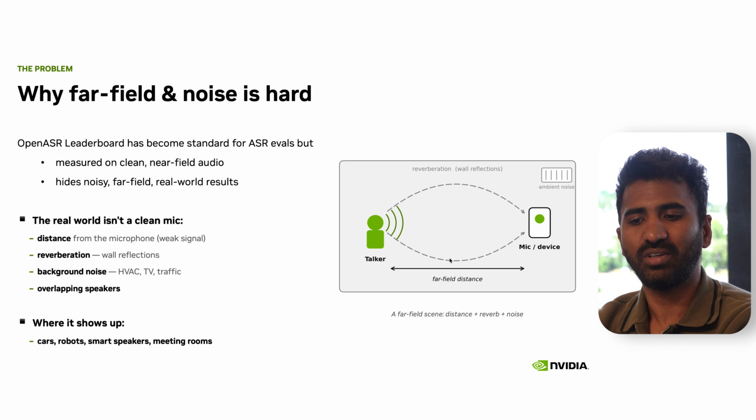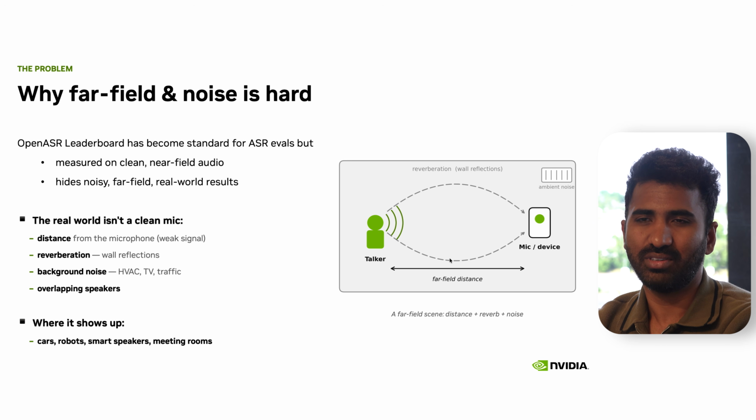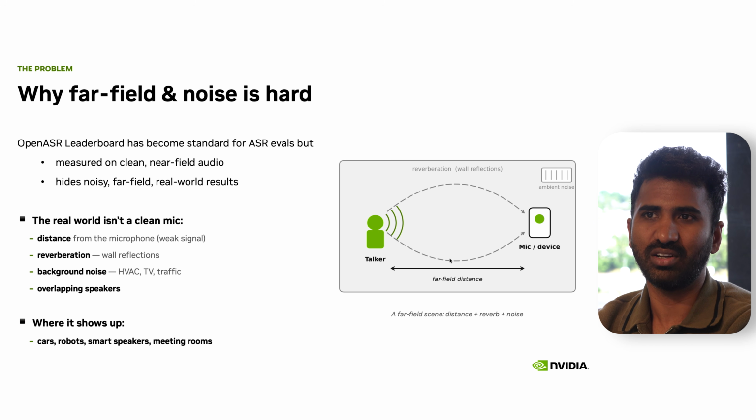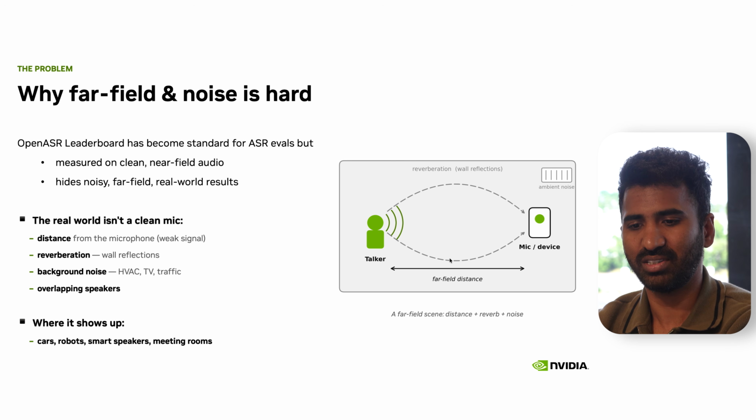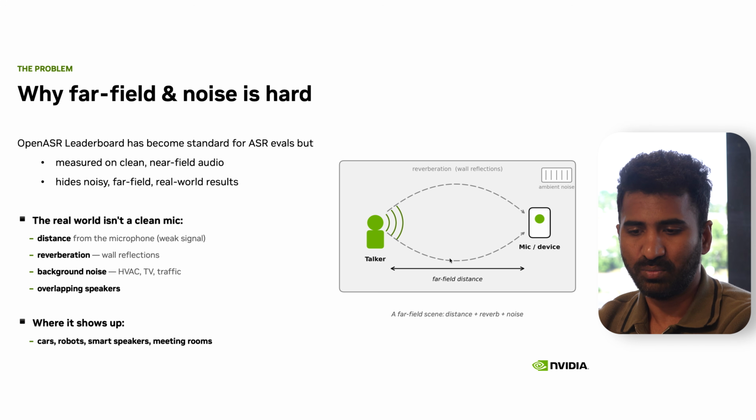We do have the OpenASR Leaderboard, which has become the standard for ASR evals, but it has a few eval sets, like earnings and AMI, which cover real-world use cases, but it's not close in terms of how we measure noisy, far field, and real-world results. So it's really essential that we have a leaderboard which can measure and benchmark different models, especially for distance, to evaluate how these models perform on far field voice.